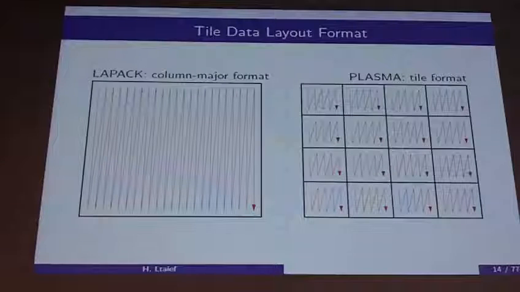The idea is that you now split your matrix into blocks or tiles, where each element is contiguous in memory within each tile, okay? So this brings a lot of improvement in terms of trying to reduce the number of cache misses and TLB misses. And the idea is to tune that block size to fit the L2 cache of your multi-core architecture.